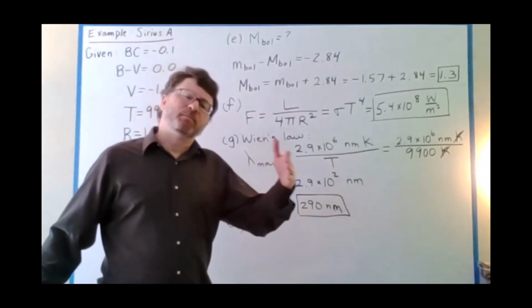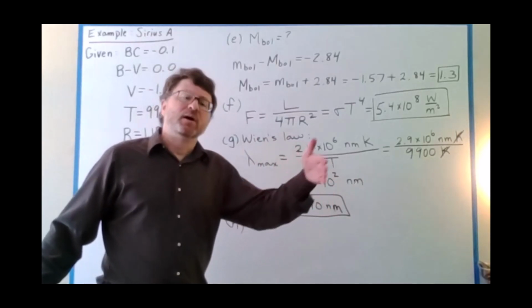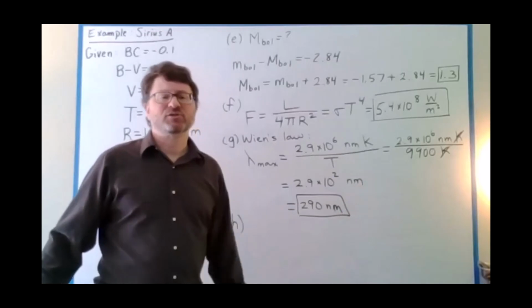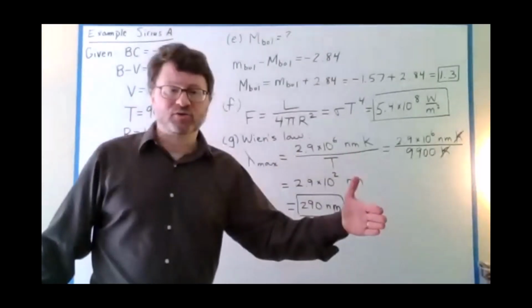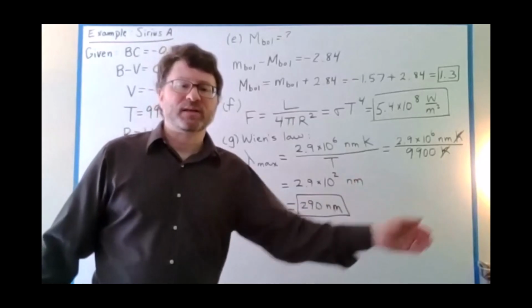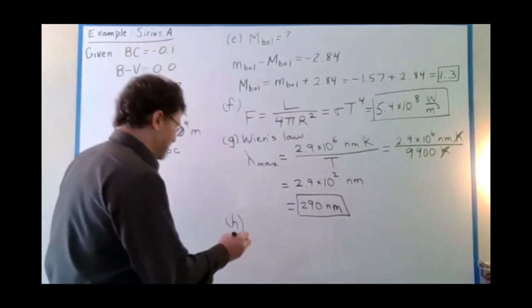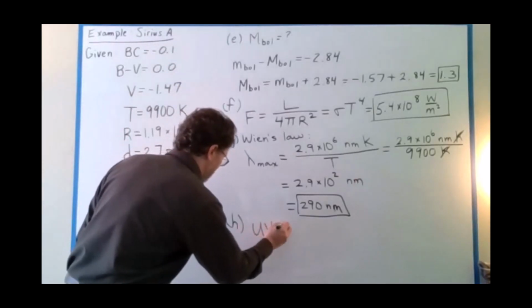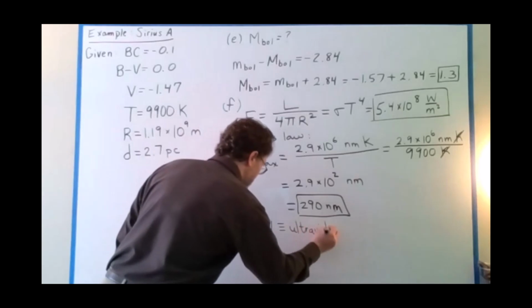The blue side, or the violet side, is at 400 nanometers. A little shorter than that still gets you to the ultraviolet. You'd have to get all the way down to about 10 nanometers or less before you break into the X-ray regime. So this 290 nanometer is in the UV. When we write UV, we mean the ultraviolet.